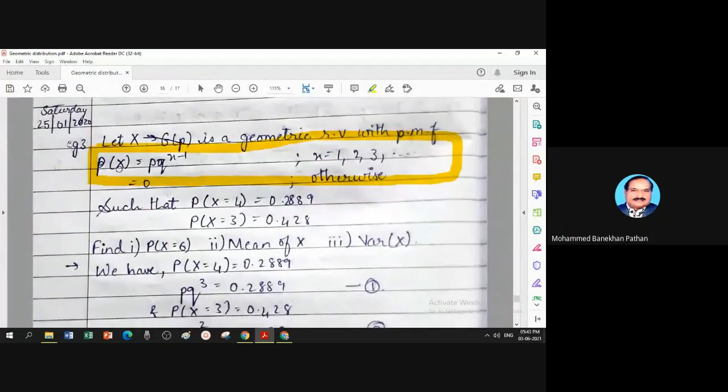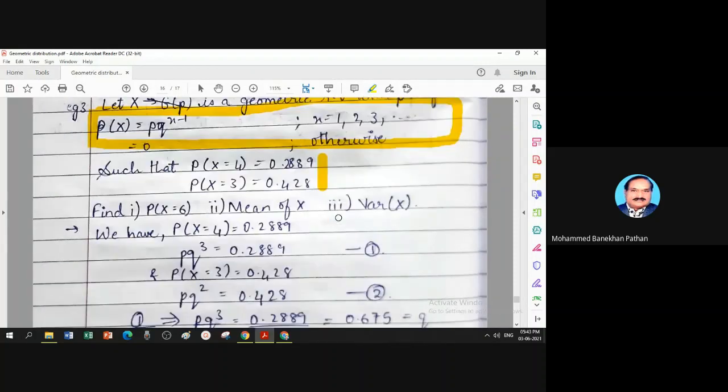You have a function which is a number of trials with this condition. Probability at 4 is given, probability at 3 is given. By using this information, they ask to find probability at 6, mean of X, variance of X.